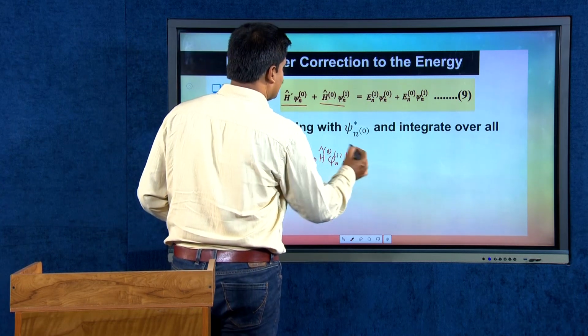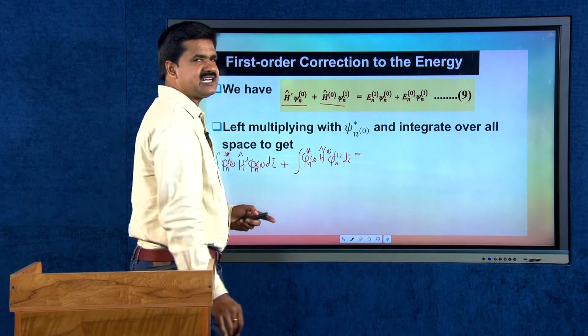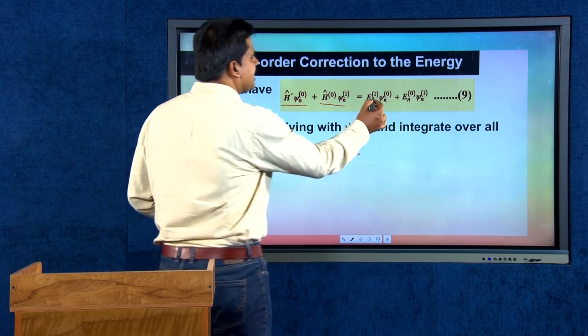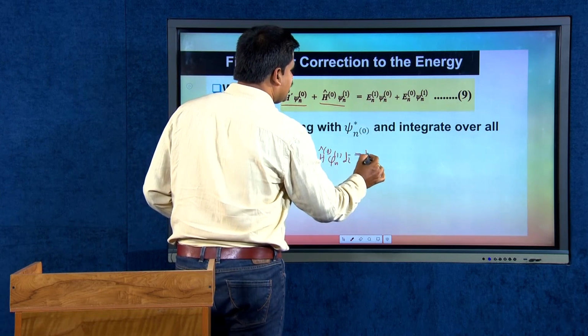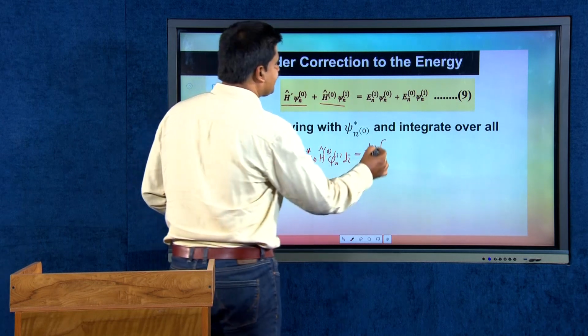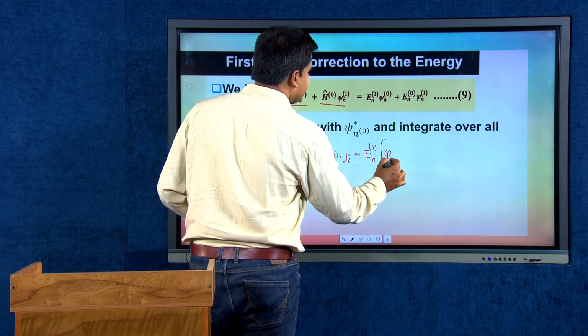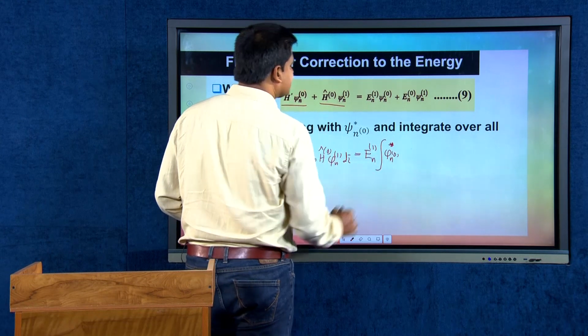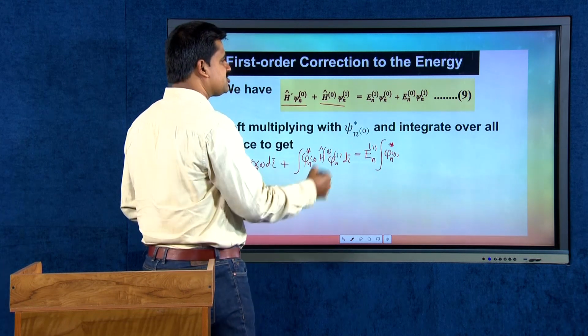That will be equal to En1, which can be taken as a constant and can be taken outside the integral sign. Therefore, the third term changes into En1 into integral psi n 0 star, we are multiplying with the psi n 0 star from left.